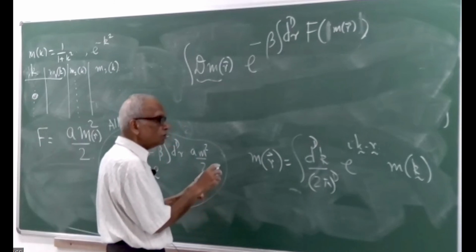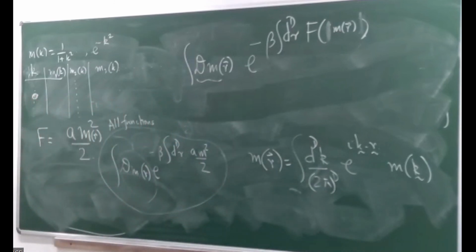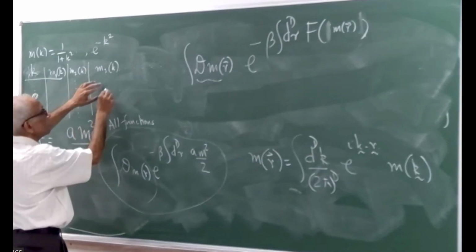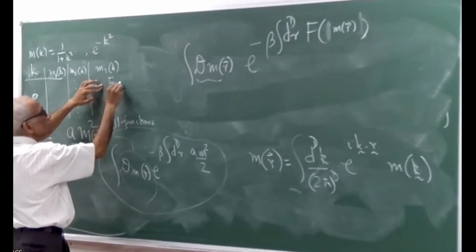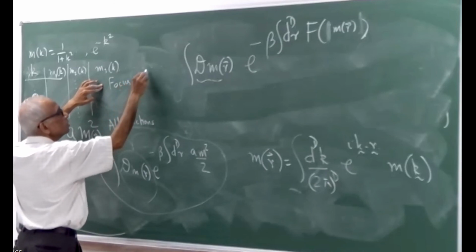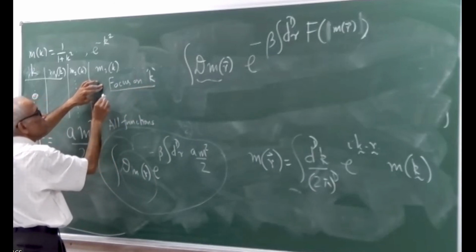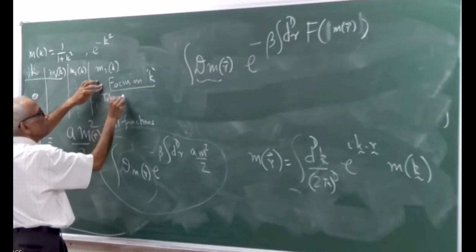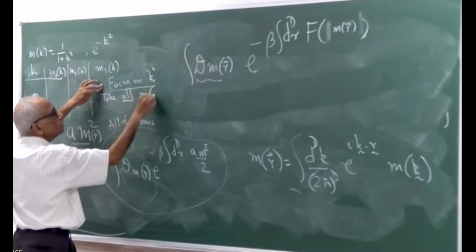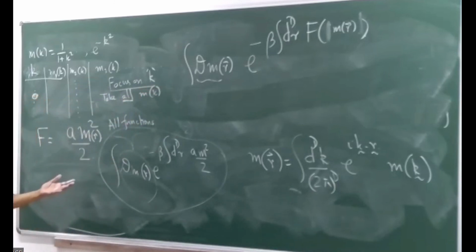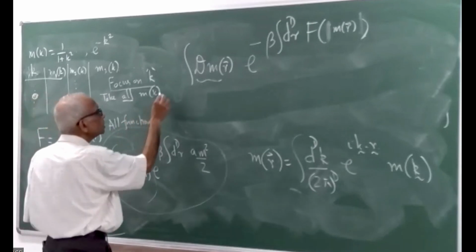If I focus on a given k and consider all m of k, what is going to be that? All values from minus infinity to plus infinity.